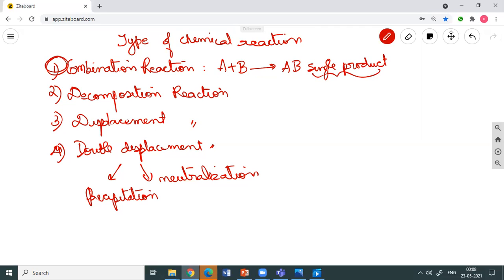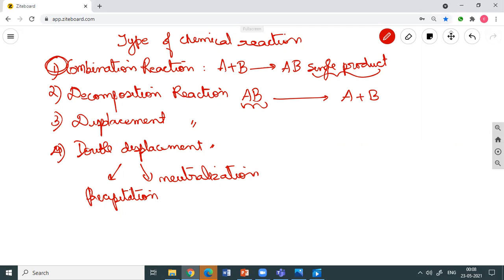Now the opposite of it is decomposition reaction. Decomposition reaction is when a single reactant, children, is broken down into 2 or more products. Okay, a single reactant. So whenever you see a single reactant being broken down into 2 or more products, that means it's a decomposition reaction. And this cannot happen on its own.